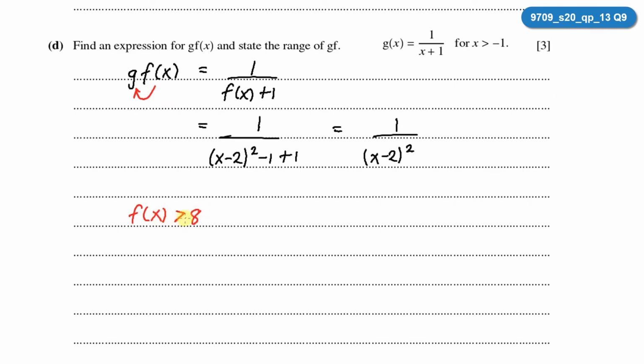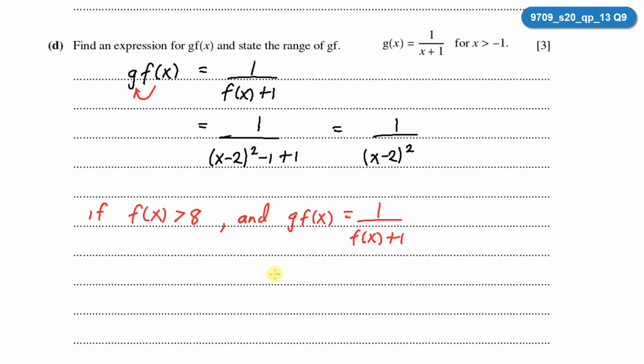Now if f of x is greater than 8, and g of f of x is equal to 1 over f of x plus 1, it means that we can find the range of g of f of x using the fact that f of x is going to be greater than 8.